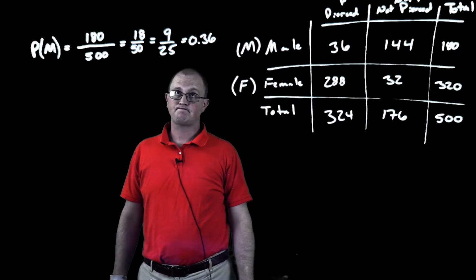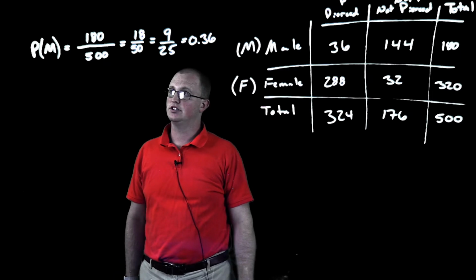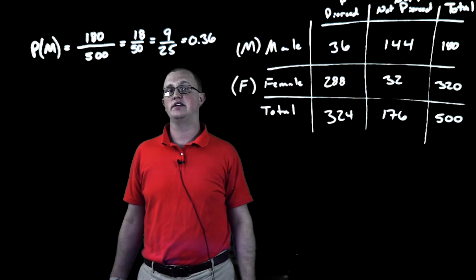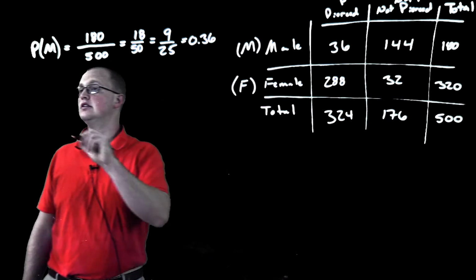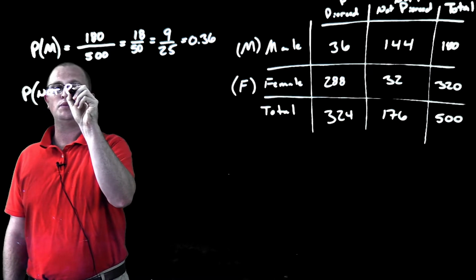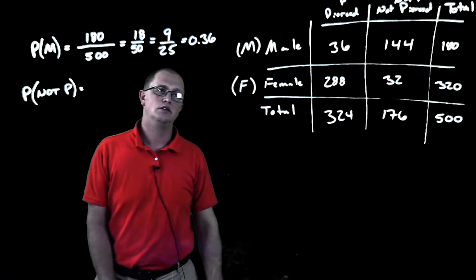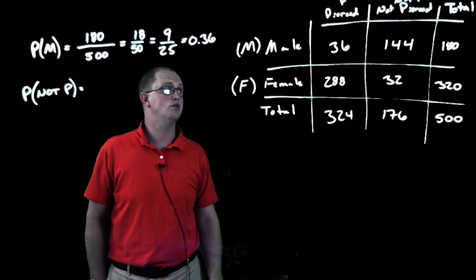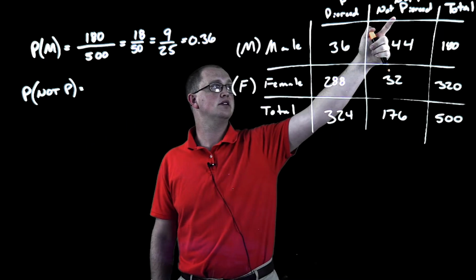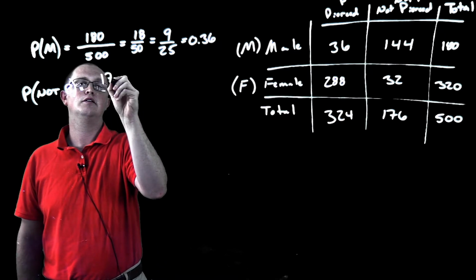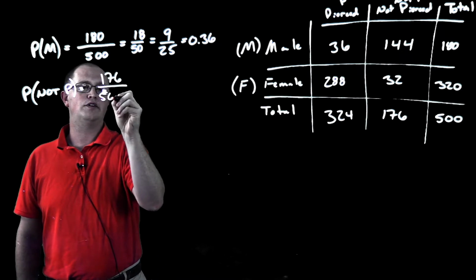And so we can also ask the question of, what's the probability that someone said that they did not have their ears pierced? So what's the probability of not P? Well, we can answer this two different ways. We could say, well, the total number of people that said that they did not have pierced ears was 176 out of the total 500.